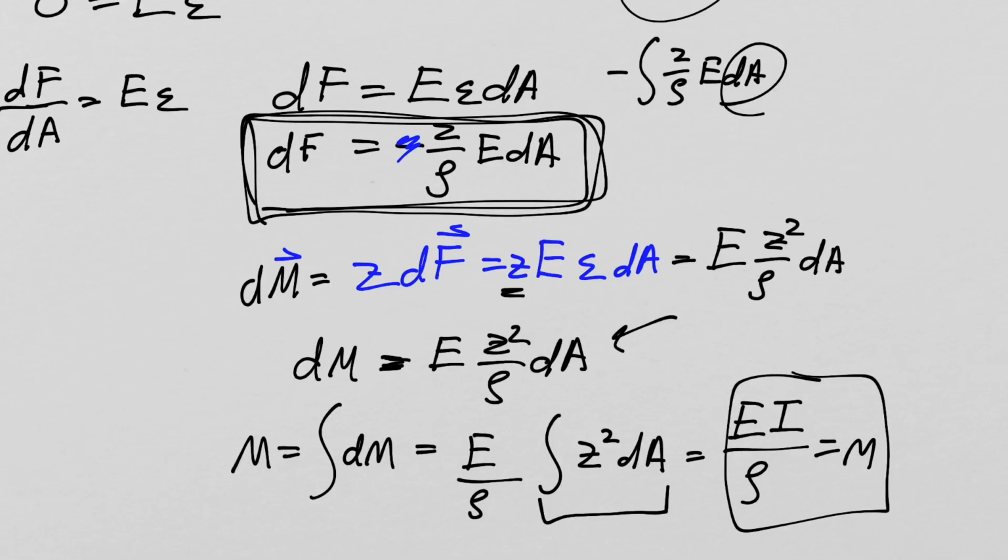Now, once we have the moment, we have to think about this rho. We're working on a differential equation where we're trying to solve for u of x and t. That's our formula for the shape of the string.